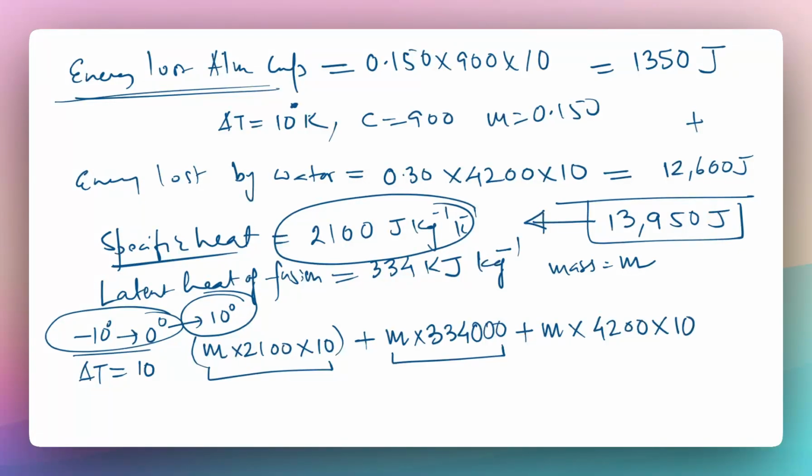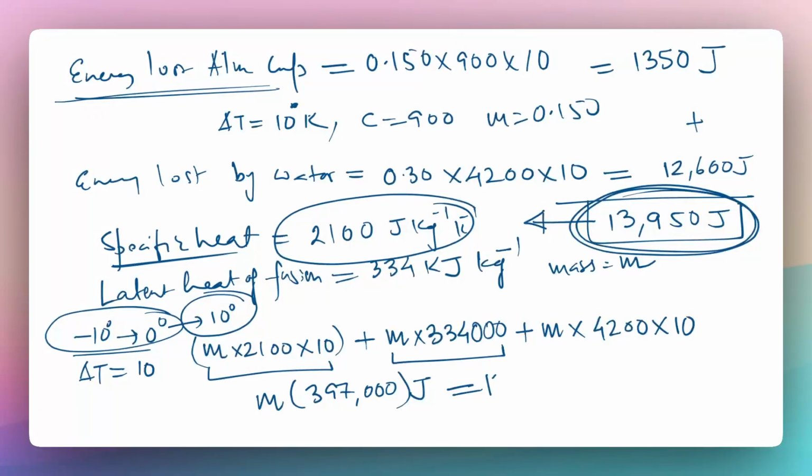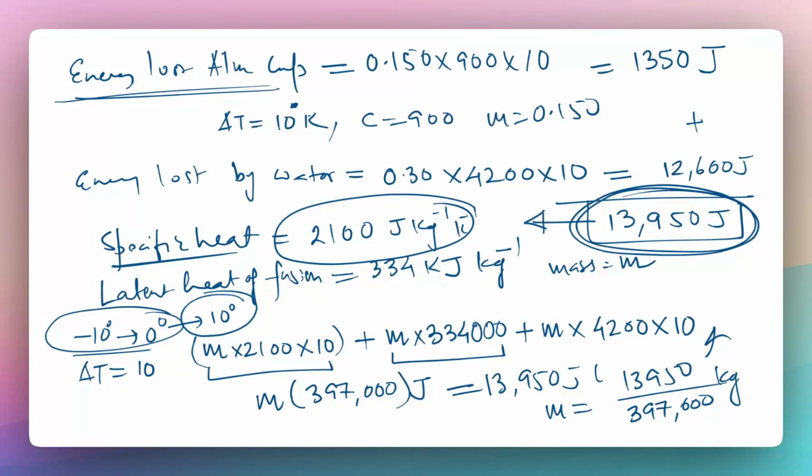You can solve this. So it's going to be m into 397,000 joules, and that is going to be equal to the energy provided by the water and the aluminum, 13,950 joules. So the mass is going to be equal to 13,950 divided by 397,000 kilograms, and this is going to be a very small number.